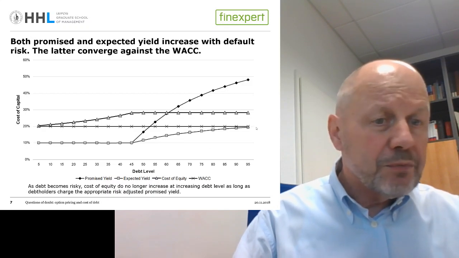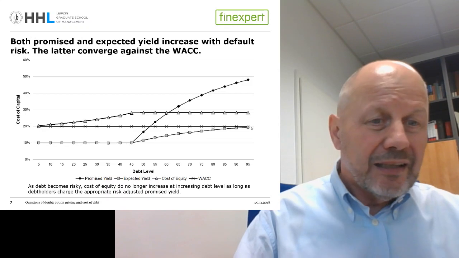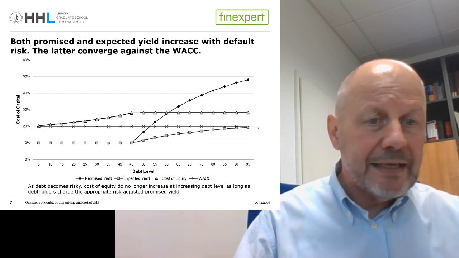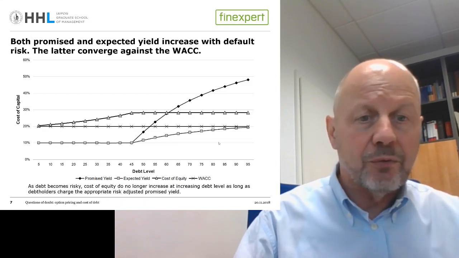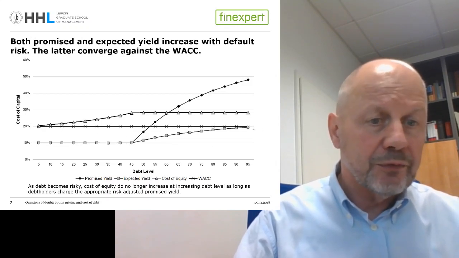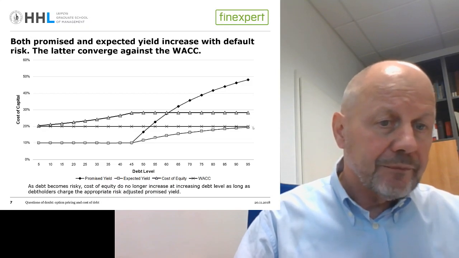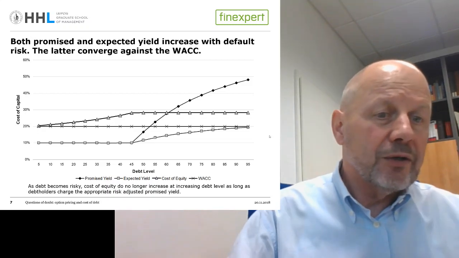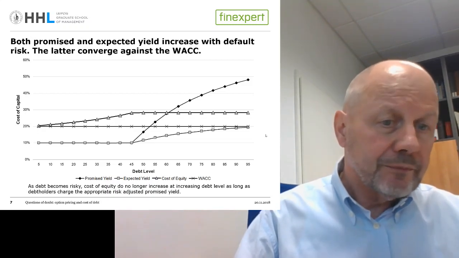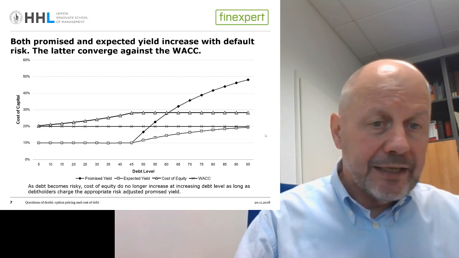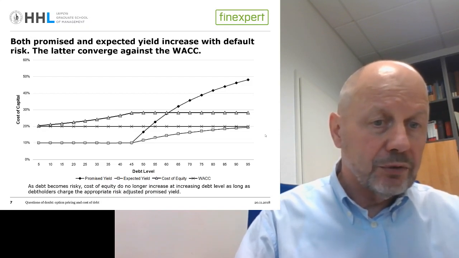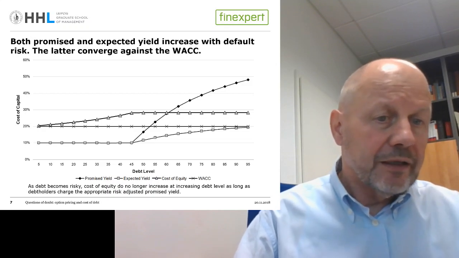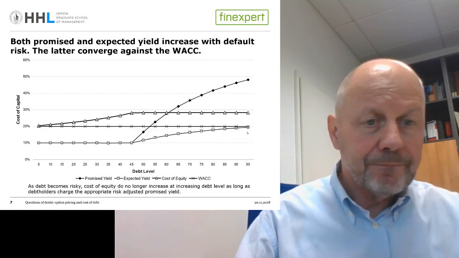Which makes sense if you think about it, because say the firm is completely debt financed at the end, then the entire risk of the firm, represented by the WACC, by the operating risk of the firm, is owned by the debt holders, and that means their cost of debt must be equal to the WACC. So the equity weight would be equal to 0 and the debt weight would be 100%, and as the WACC is constant, the cost of debt converges against the WACC.